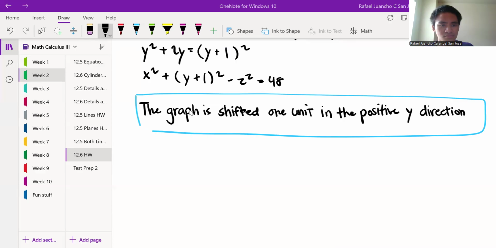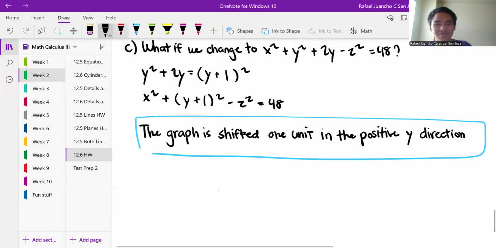Nope. Oh, okay, apparently that's wrong. Don't know why. Graph is shifted 1 unit in the positive y direction. Well, that's interesting. Oh, it's negative. Oh, yeah, because it's plus. Yeah, this had a formula which was like, this is basically the same as y minus -1.